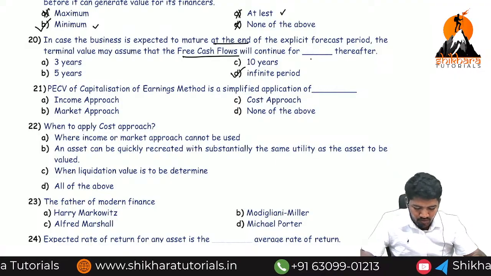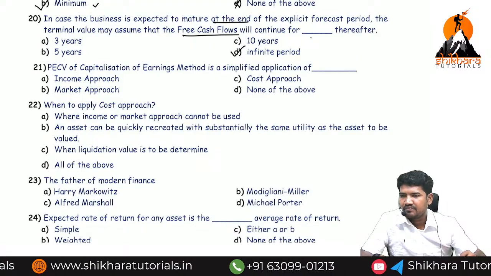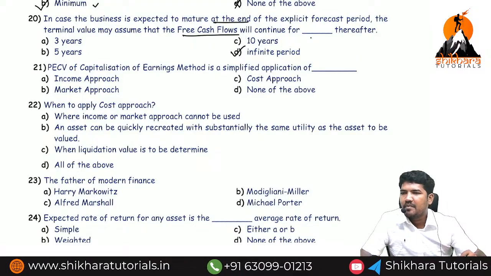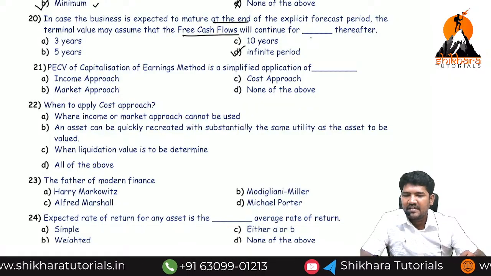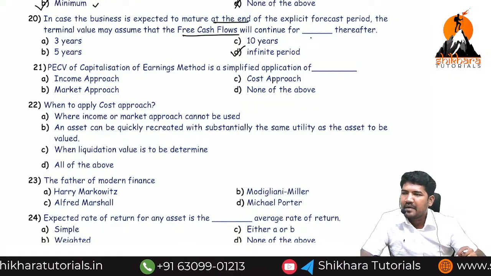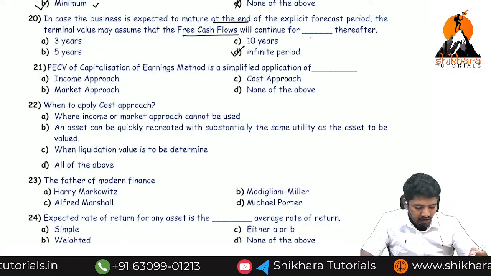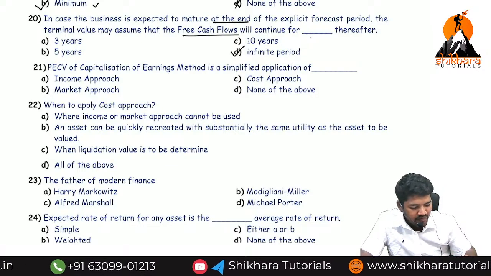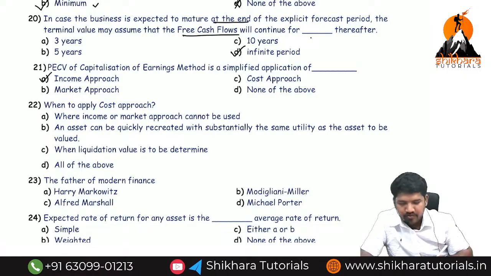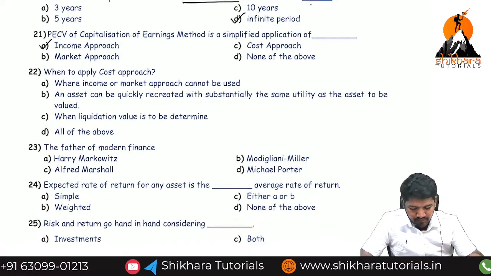Now 21, PECV means profit earning capitalization value, the second method of the income approach. Earning capitalization is there, na? The full form of PECV is profit earning capitalization value. So PECV or capitalization of earnings method is a simplified application of which approach? Income approach.